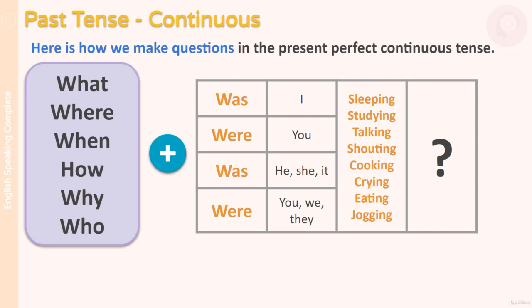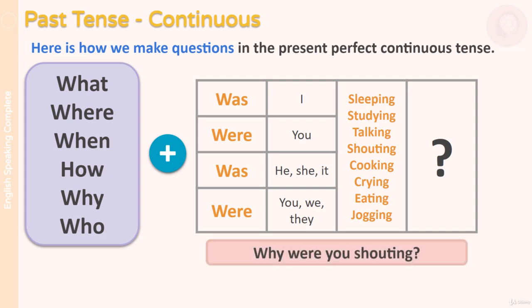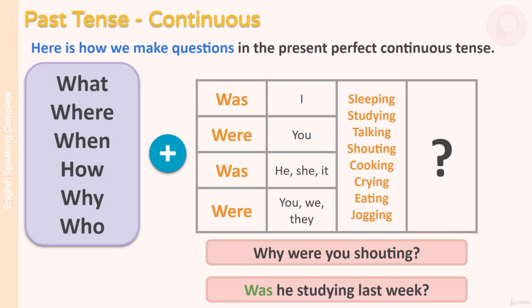Here's a couple of examples. Why were you shouting? And here we have an example without the 6 W's. Was he studying last week? So beginning with was he studying last week? And that's a perfectly good example without the 6 W's.